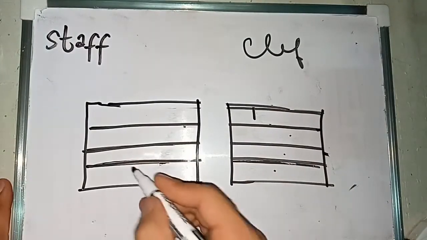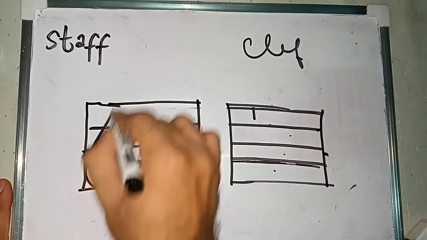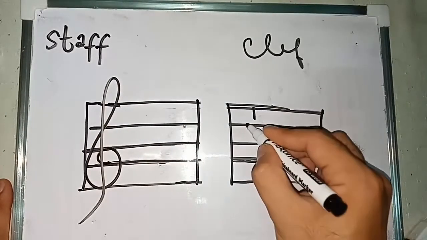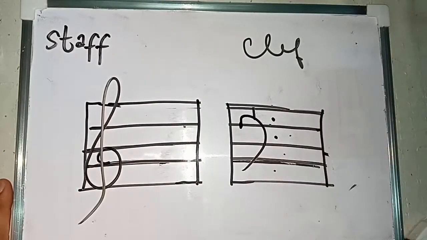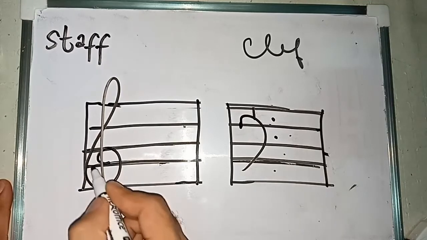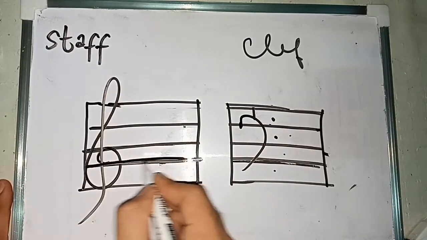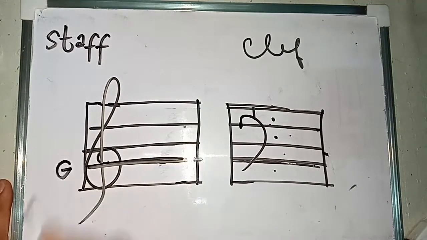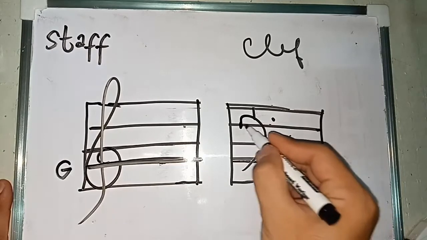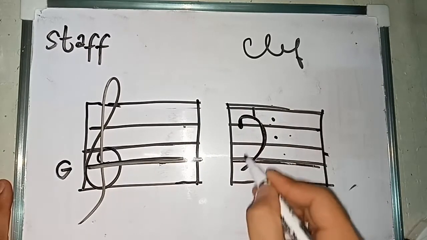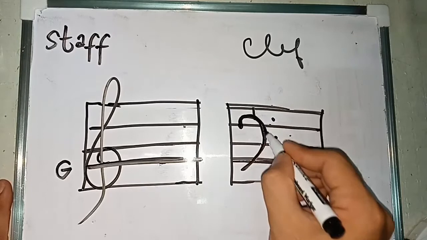So we have here a treble clef, or G clef. The treble clef or G clef places G above middle C on the second line of the staff. So this line here is for the G note. As for the F clef, its origin is on this line.